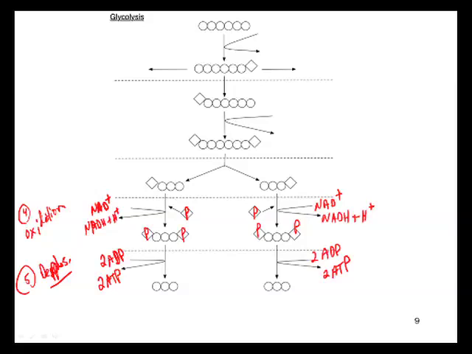And our final product then is what? We get 4 ATP, and then we have 2 3-carbon molecules down here. And what molecules are these 3-carbon molecules? Pyruvate, pyruvic acid, either one is fine.